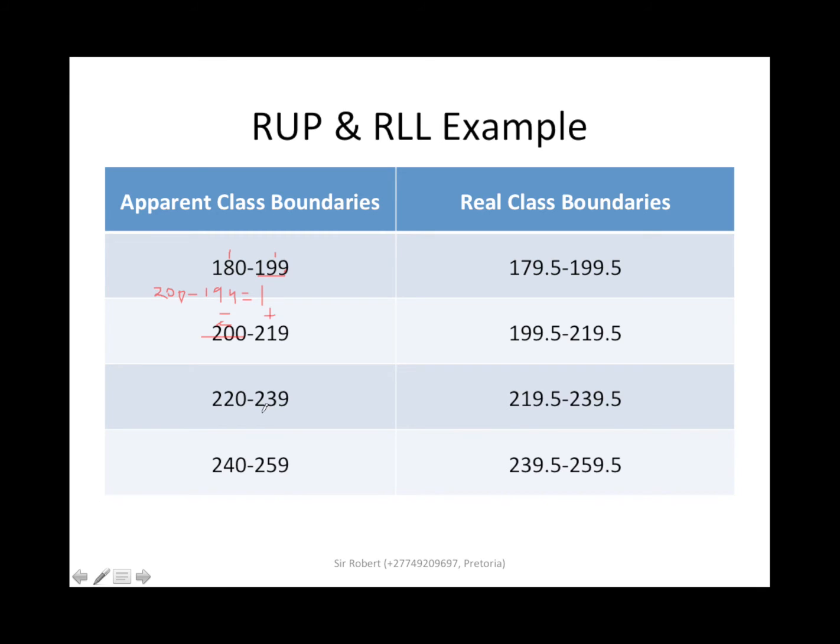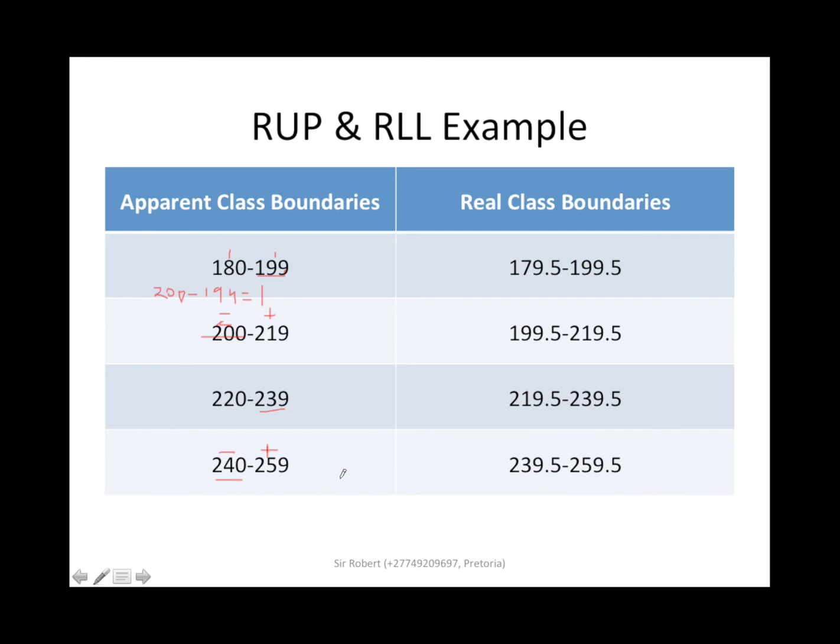So let's say you want to find the real class boundary for these two. You subtract this one from this one. So 240 minus 239 you get 1, divided by 2, it's still 0.5. So you just know that you subtract on the first and you add on the last one.